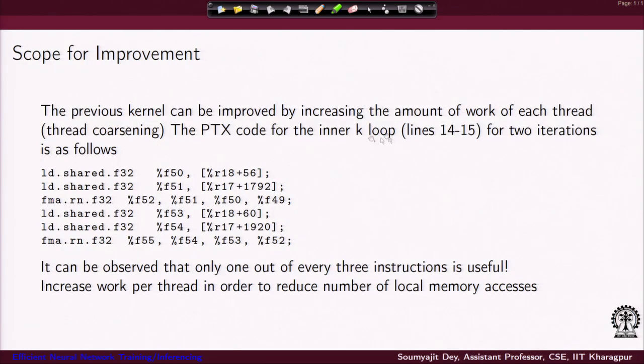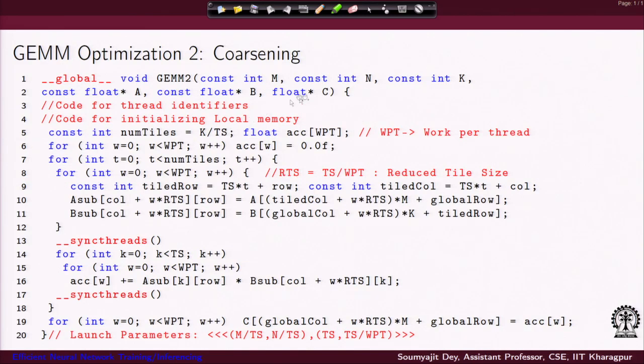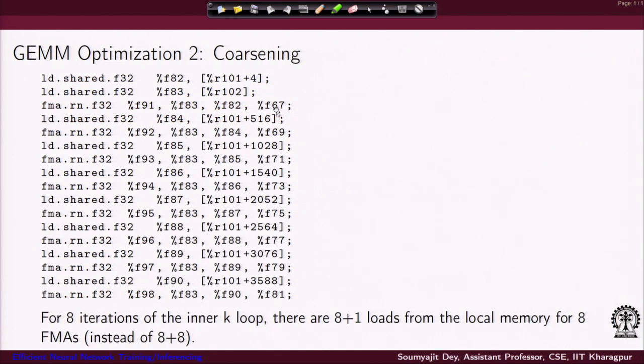But then we also saw that that leads to a small amount of compute with respect to the loads, and that can be further improved. So, all that we did was we coarsened the threads, and in that way we could reduce the ratio of loads with respect to the computes. In other words, we increased the amount of compute per load by doing the coarsening optimization.